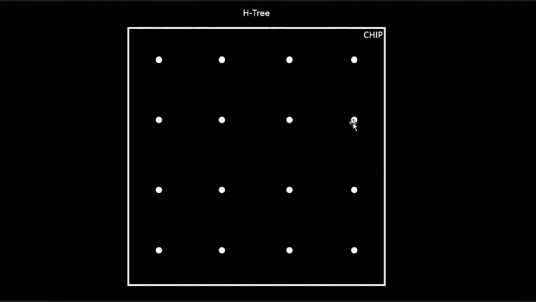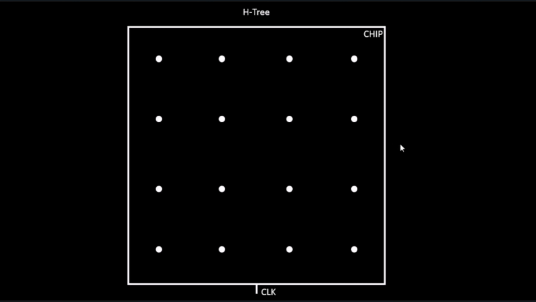We are taking this simple example to understand some advanced concepts of clock tree. So let us try to understand the basic clock tree algorithm. The purpose of this particular tree is to make sure that the clock reaches each and every clock endpoint in such a way that it fulfills all the quality check parameters that we have been learning in the past videos.